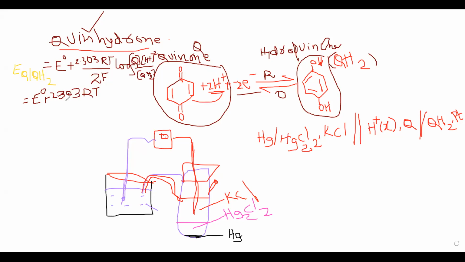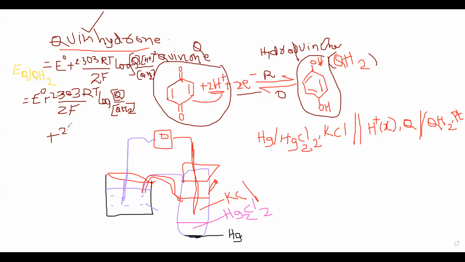RT by 2F log Q by QH2 plus, here expanding, we are leaving hydrogen. Why? Because we require hydrogen only for calculating pH. pH is equal to minus log H plus.